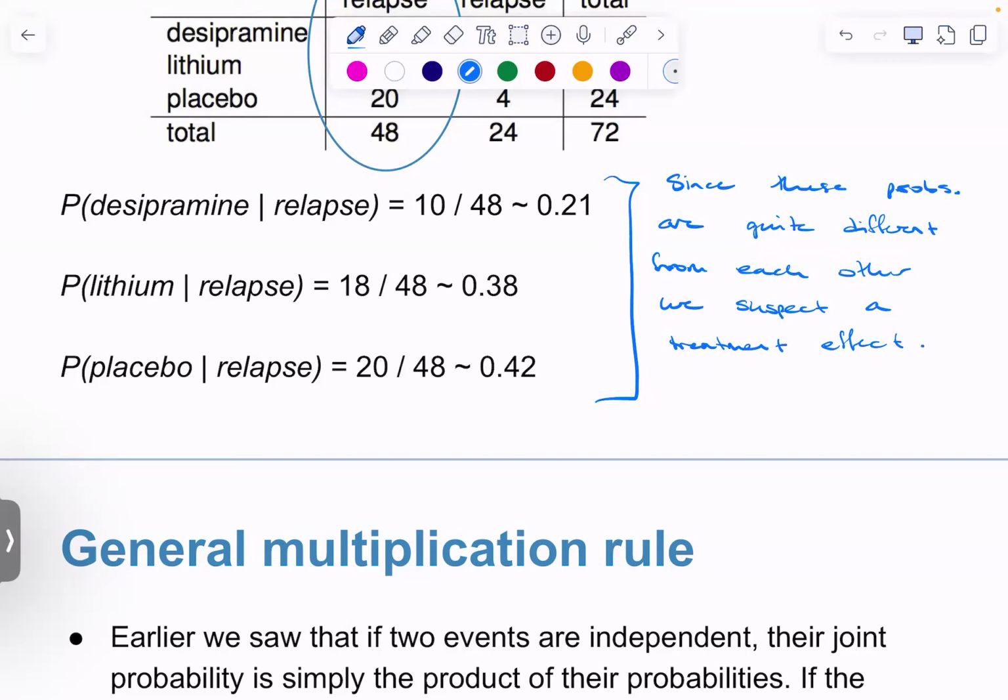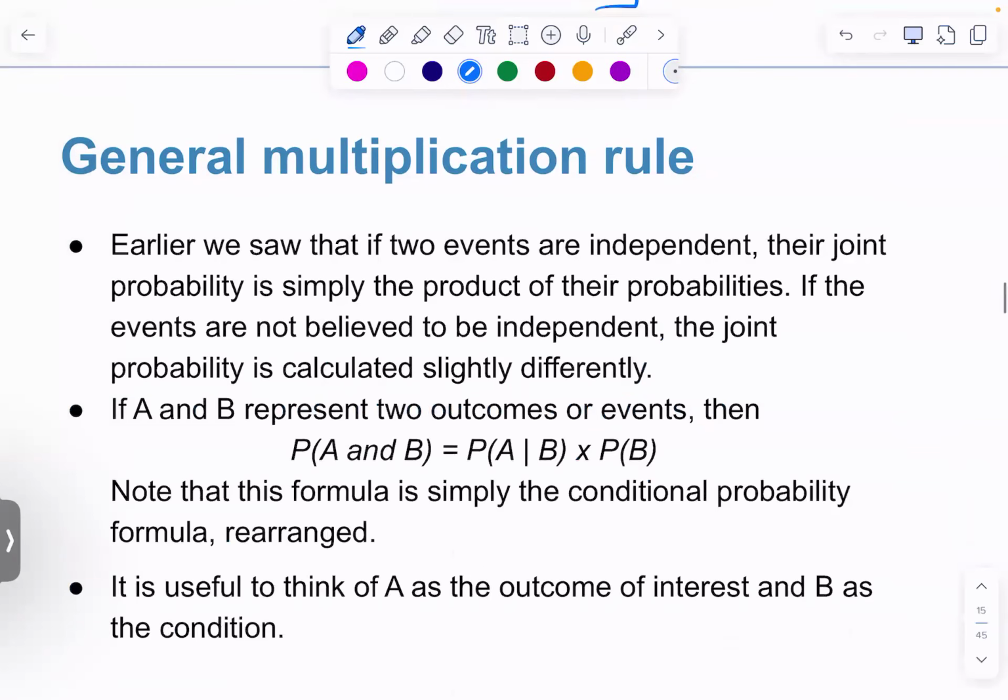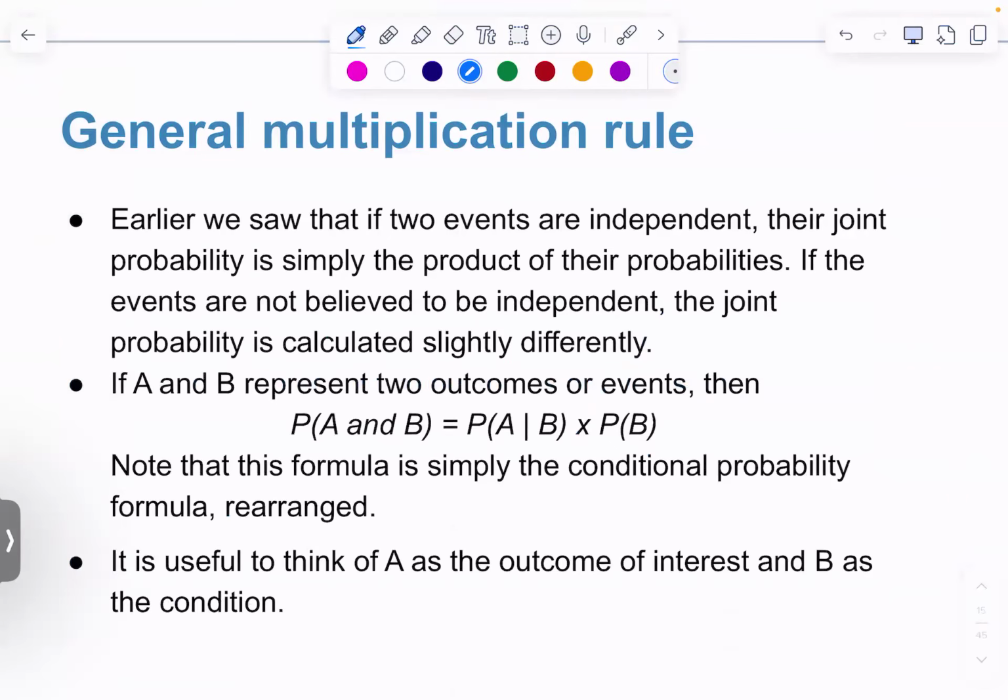Good. So these are all conditional probabilities, right? And that's how we get to the general multiplication rule. If A and B are two outcomes or events, then the probability of A and B is the probability of A given B times the probability of B. Right?